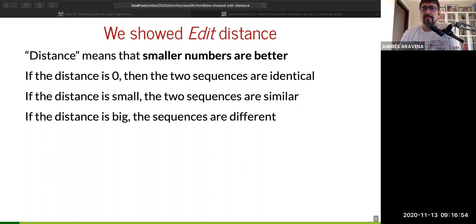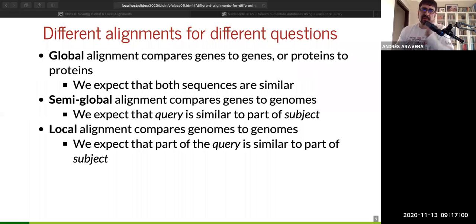We also made this point about alignment that we just discussed: different alignment for different questions. I have two definitions: global alignment, to compare gene to gene or protein to protein, then semi-global and local.